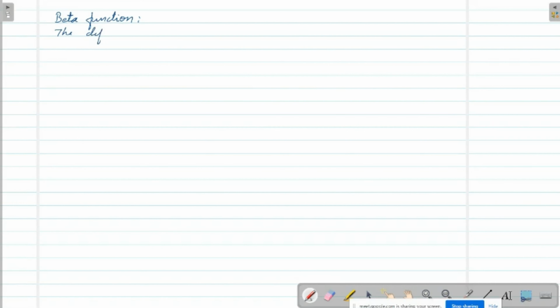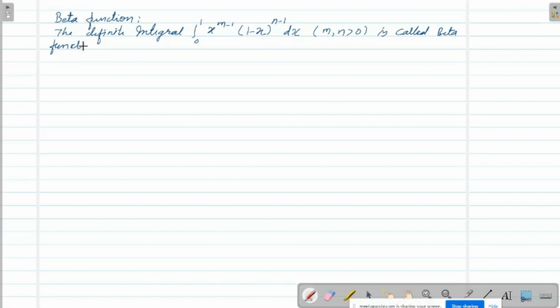The definite integral of limit 0 to 1 x raised to m minus 1 into 1 minus x raised to n minus 1 dx, where m and n are positive integer, is called beta function. Okay.